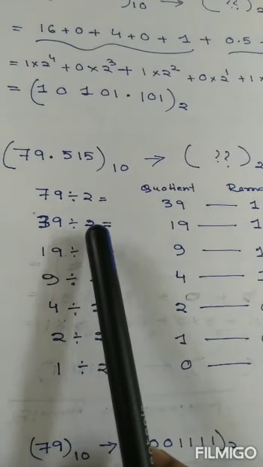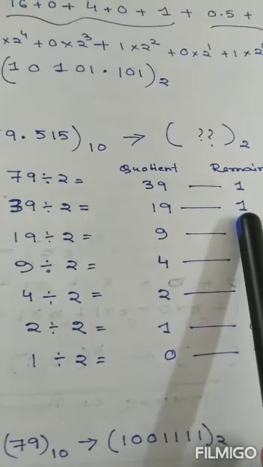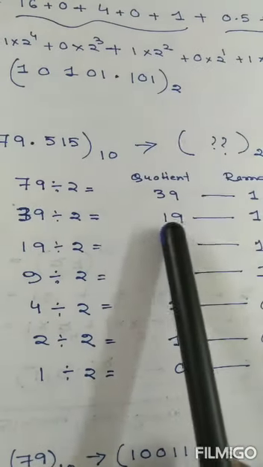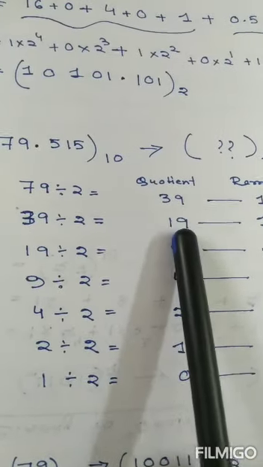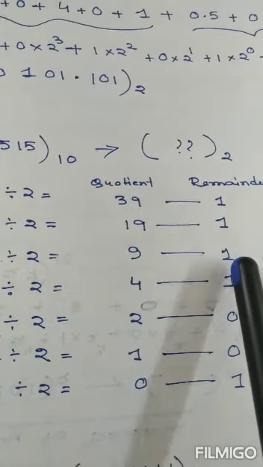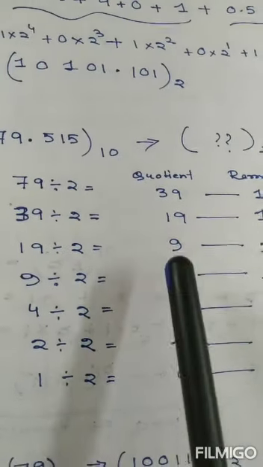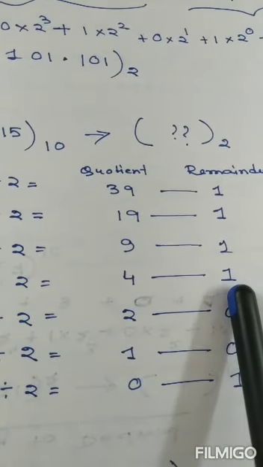So 39 divided by 2, quotient is now 19, remainder is 1. Again divide 19 by 2. So quotient is 9, remainder is 1. Again 9 divided by 2. Quotient is 4, remainder is 1.